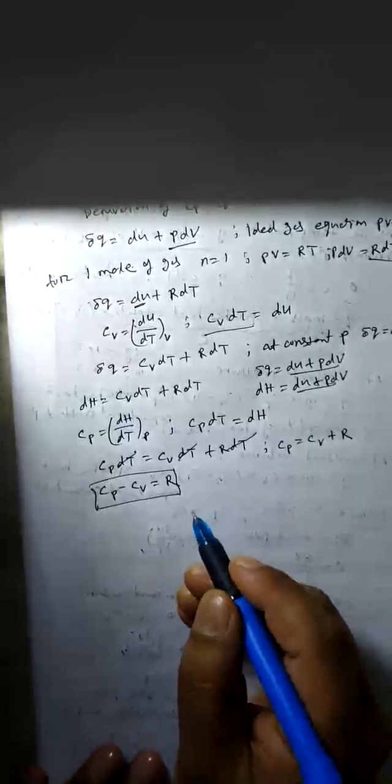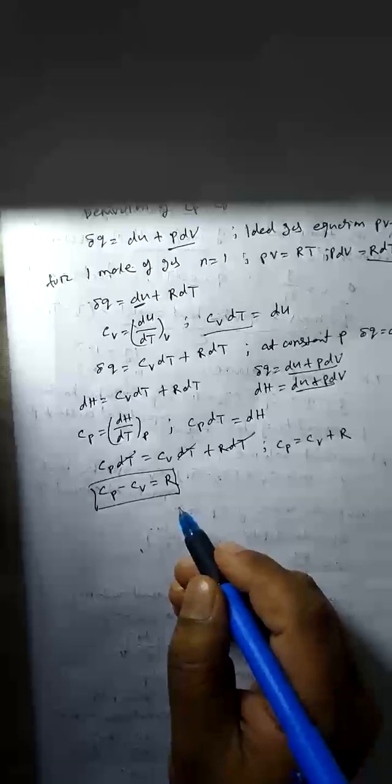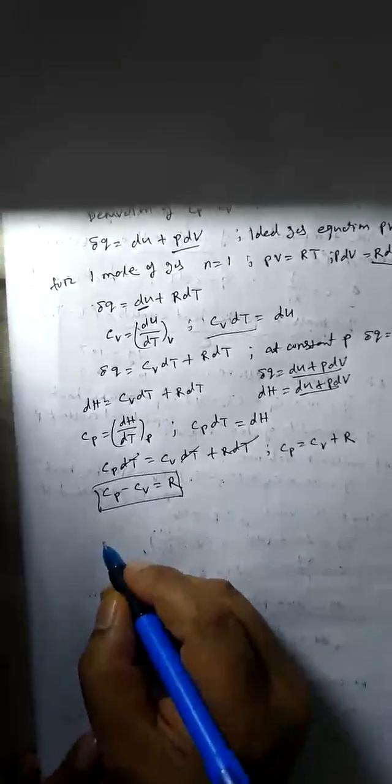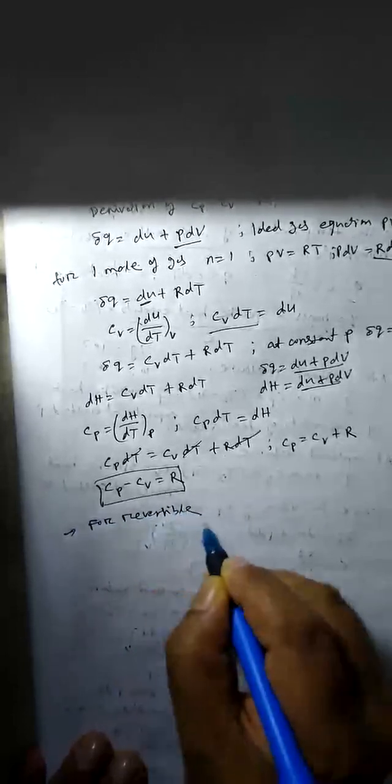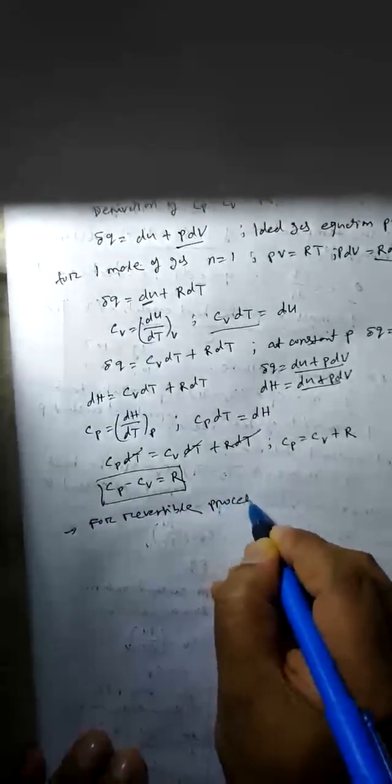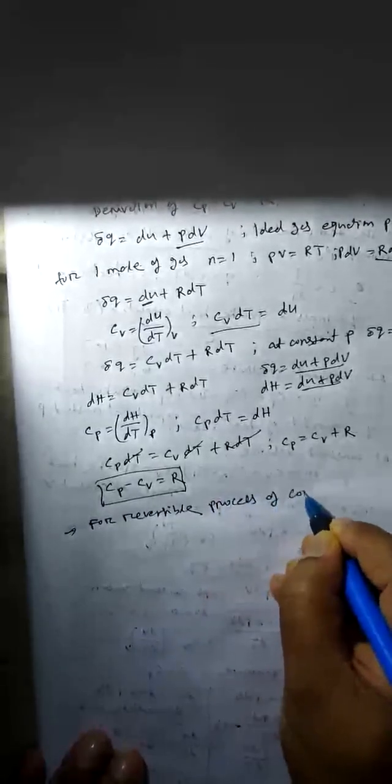So time is okay, also 5 minutes. So in that case what happens? Now for a reversible process at constant volume, we get Q is equal to m into Cv into dT.